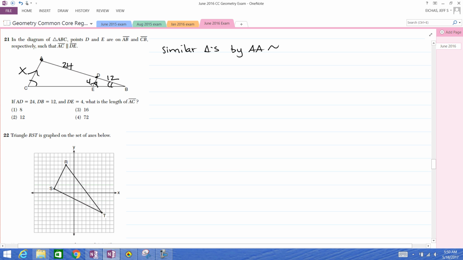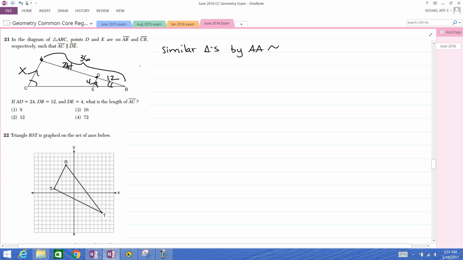Really easy to fall for this trick here. Be careful. We do not want to say that 12 to 24 is proportional to 4 to x. Don't want to do that. Easy mistake to make. Before we do that, we've got to actually add these together to get 36, and we really don't even use that anymore.